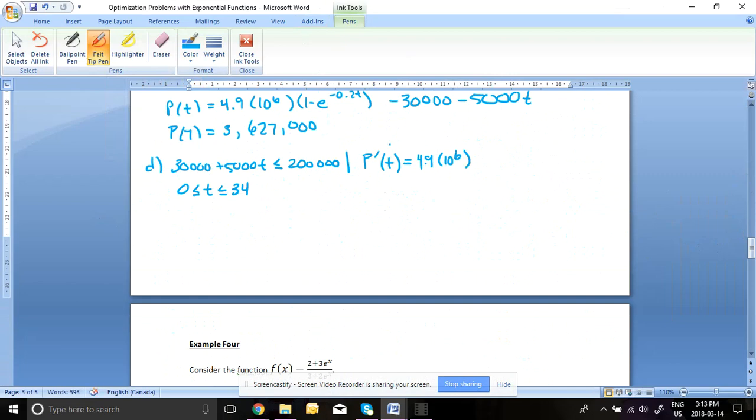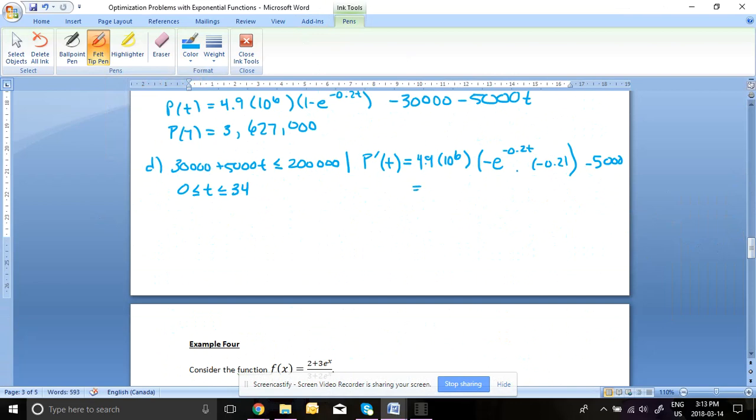And then we take down, this 1 goes away, we take down this negative 0.2 and a negative. So, okay, I'll just show it. So it's negative e to the negative 0.2 t, but then times negative 0.2. And then we subtract 5,000 from this part of the derivative. Okay, so that is the beginning of our derivative.